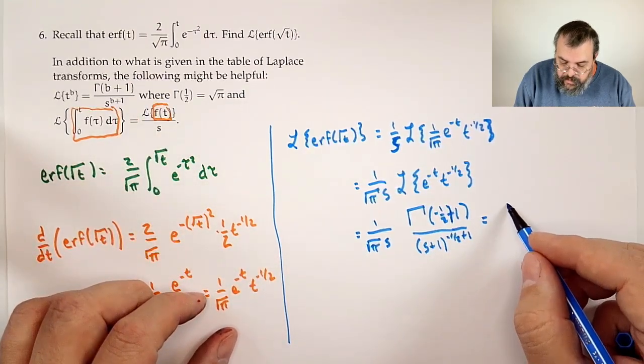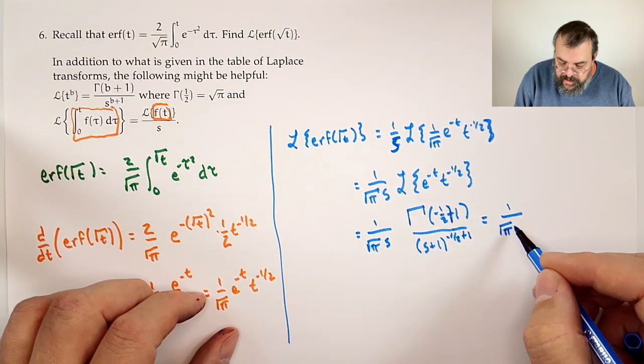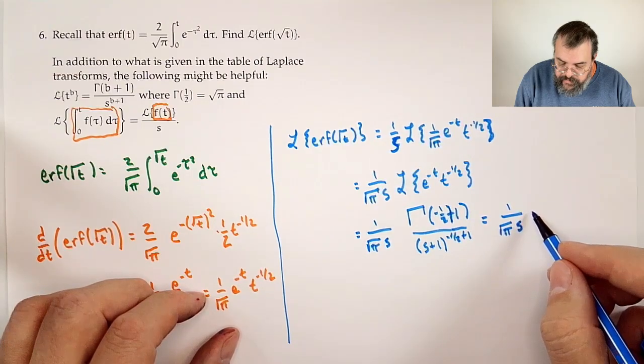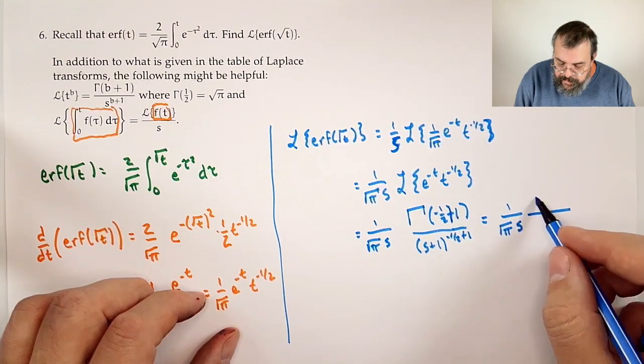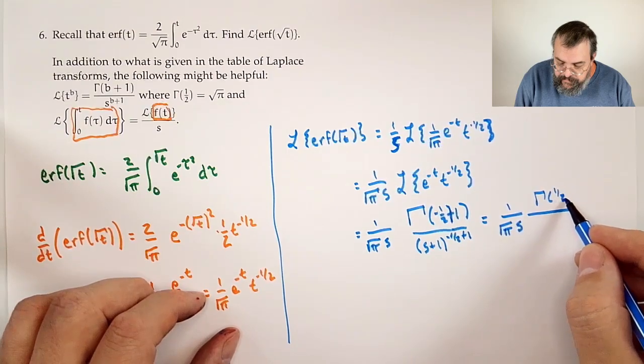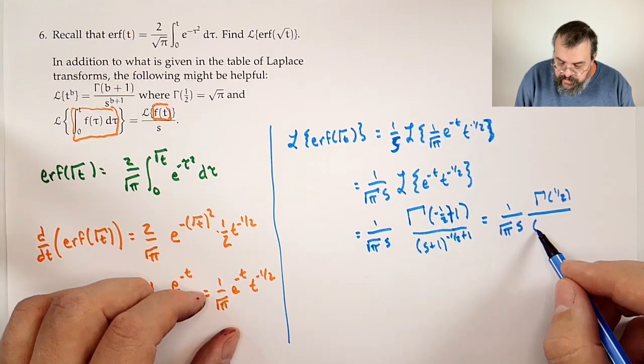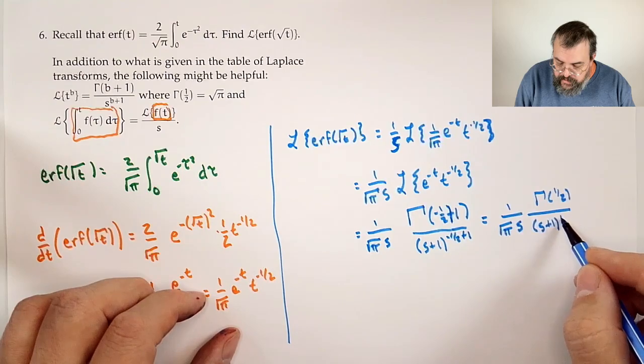Okay, so 1 over square root of pi times s, and gamma of 1/2, and then downstairs s plus 1 to the 1/2.